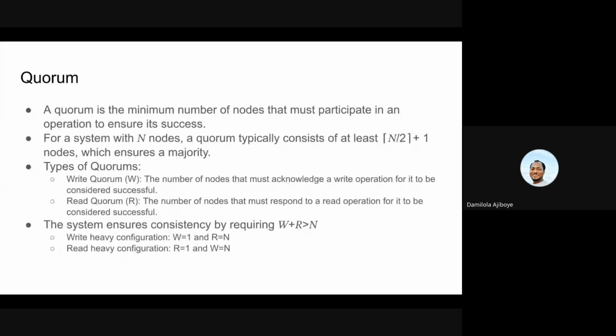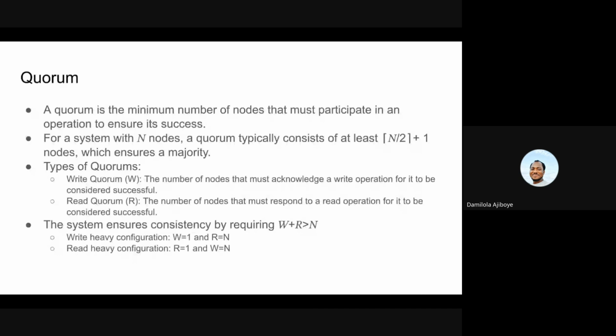If you look at a write heavy configuration, what you are trying to optimize for when a system is write heavy is faster writes, right? So in this case you can just say the write quorum should be 1. That means only one node in the network has to acknowledge the write, which makes writes a lot faster.